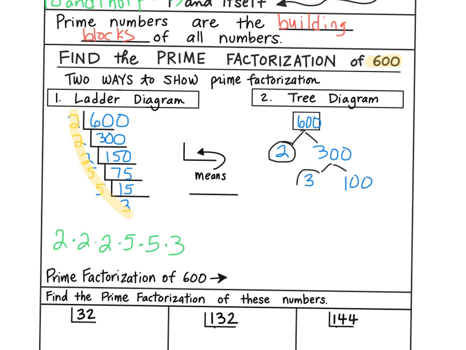Once again, 3 is a prime, but 100 can be broken up. Now maybe I know that 100 is 10 times 10. In this case, I didn't use a prime number because 10 is not prime. So then I can break up my branches of 10. And I know that 10 is really 2 times 5 for both of those.